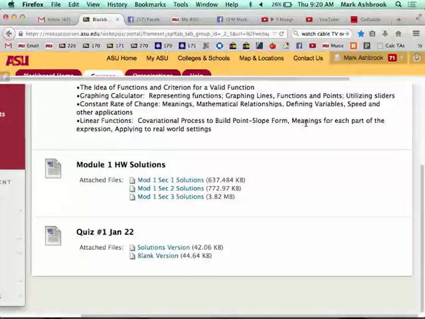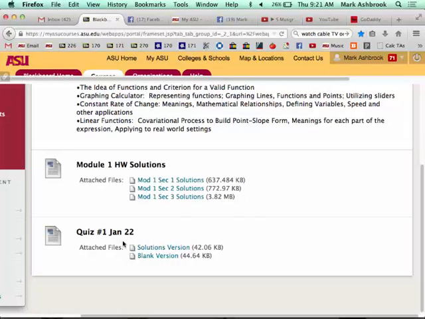And then here are solutions for all the sections in Module 1, except the graphing calculator stuff, which you should be able to check on your own using your graphing calculator. After we hand in the homework Tuesday, right away, I'll post some Module 2 homework solutions. Actually, we're turning in all Module 1 Section 1 today, so I'll be posting Module 2 solutions as appropriate, and then the quiz, a solutions version and a blank version.